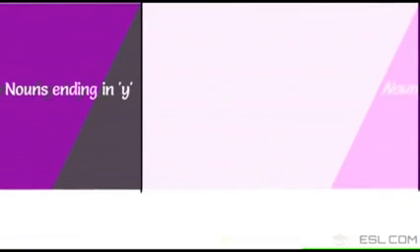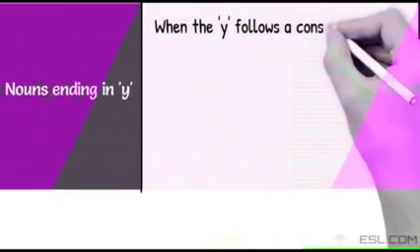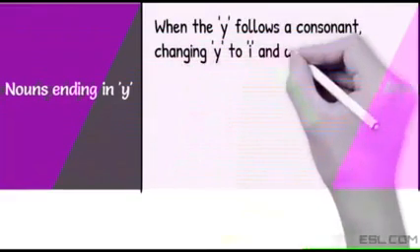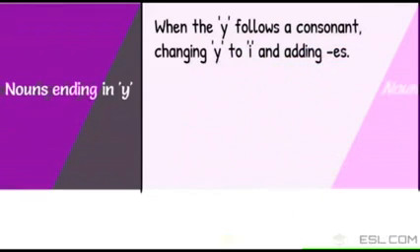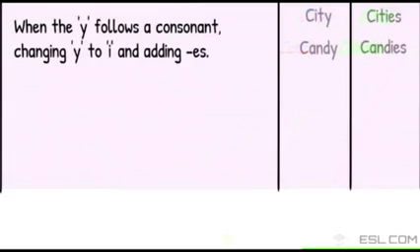Nouns ending in Y. When the Y follows a consonant, change Y to I and add ES. City, cities. Candy, candies. Lady, ladies.